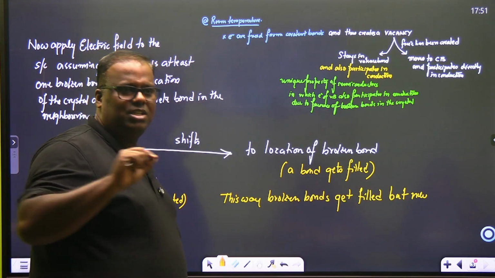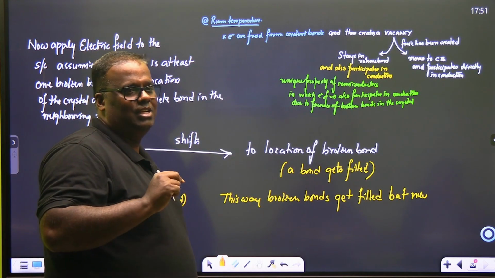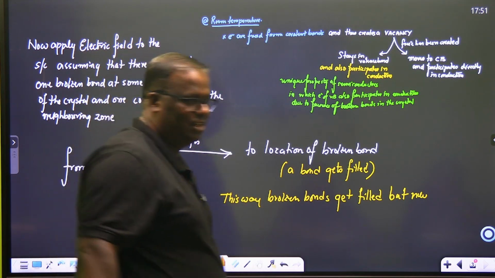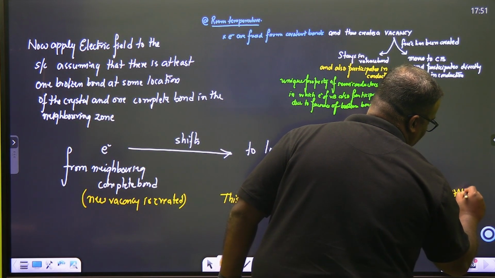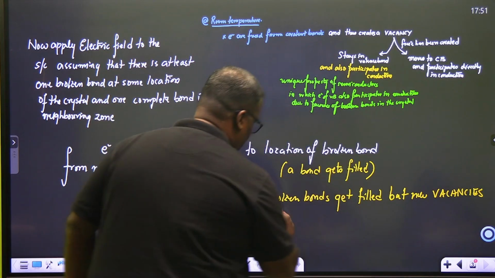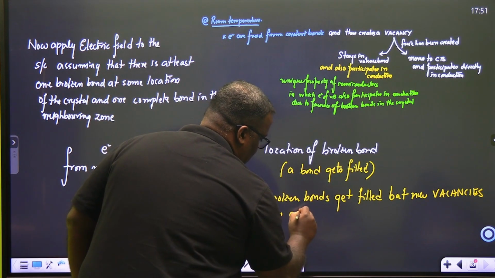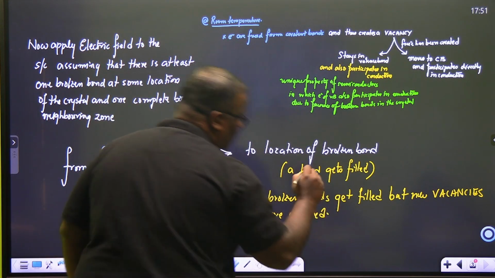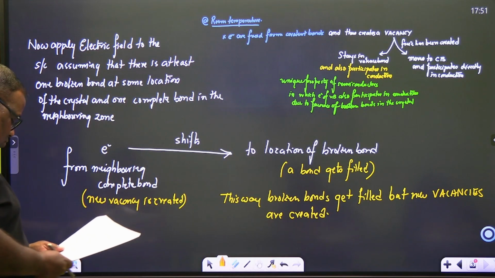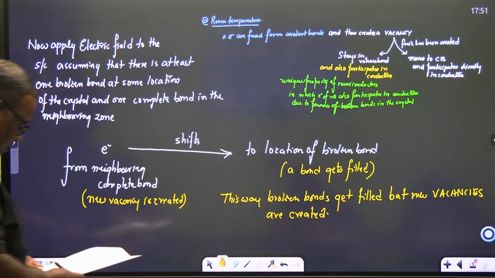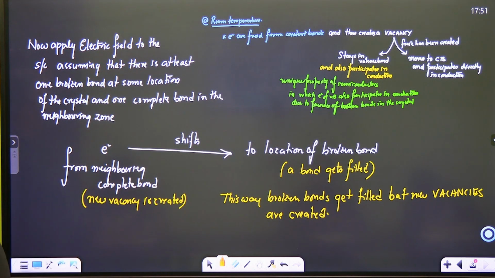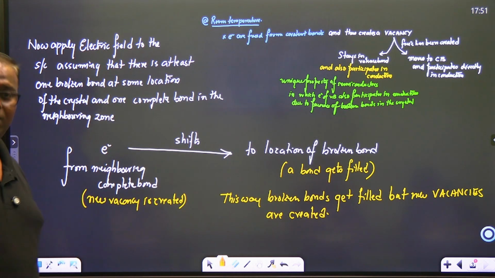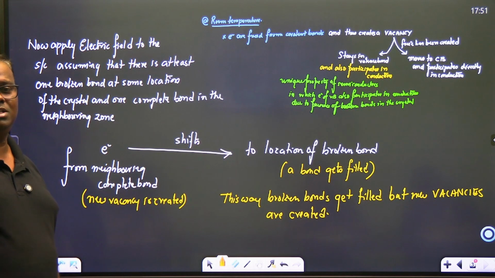Have you played Chinese checker? It is like that. One coin moves, one vacancy created. But new vacancies are created. Write this down, note it down, and ask yourself, have you understood what you have written? The electron, in the electric field, will make a movement to the nearest, easiest slot.